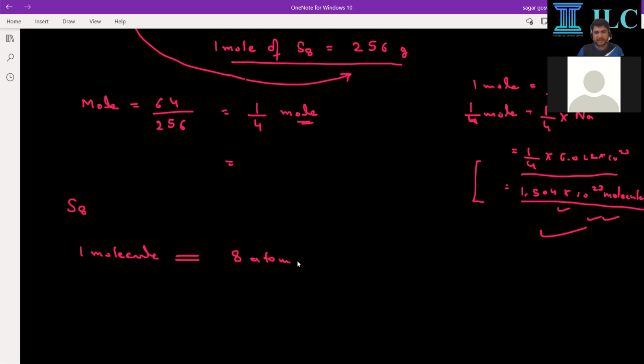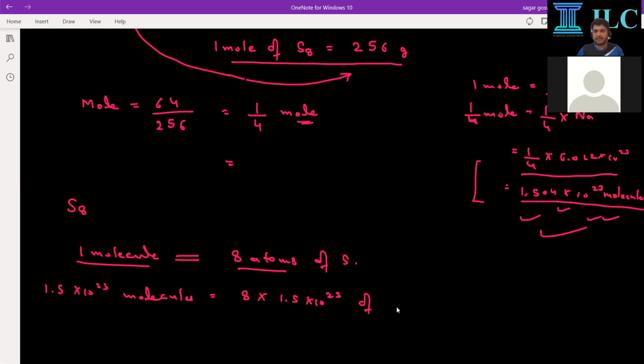So if one molecule contains 8 atoms, that many molecules contain how many atoms? 8 into 1.5 into 10 to the power 23. It is simple unitary method.